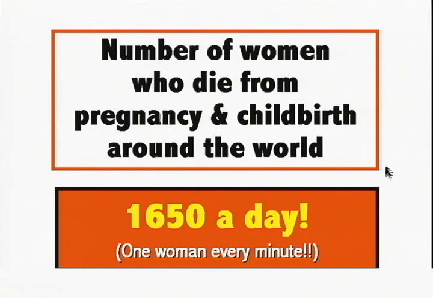That's 1,650 women every day. Now, if you consider that there are 1,440 minutes in a day, every minute a woman has died somewhere around the world. And most of those are preventable causes.